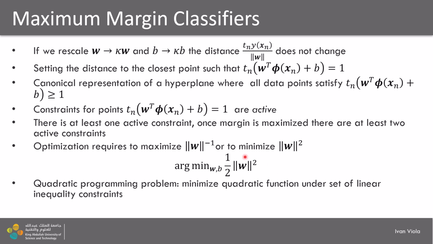So the idea is that we want an optimization which minimizes the square length of the vector W, and this is a typical quadratic programming problem, where we are minimizing a quadratic function under a set of linear constraints. We can do it in the following way.